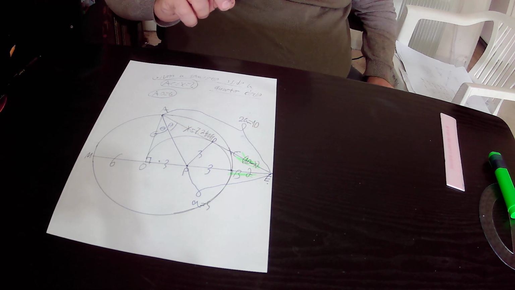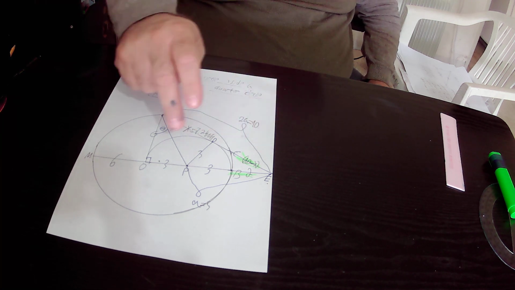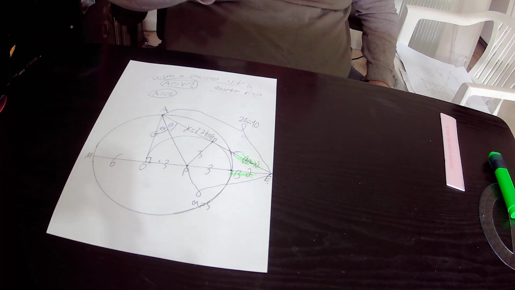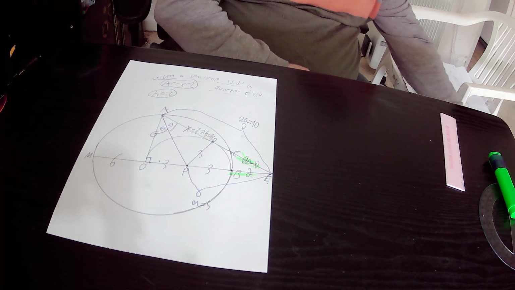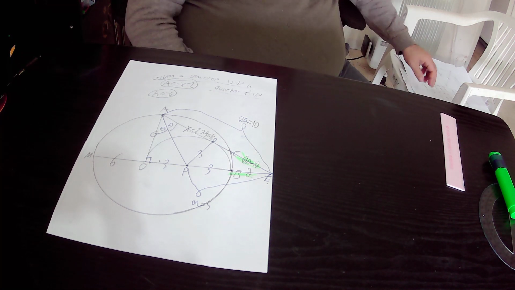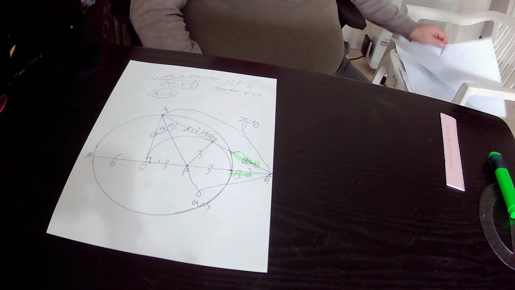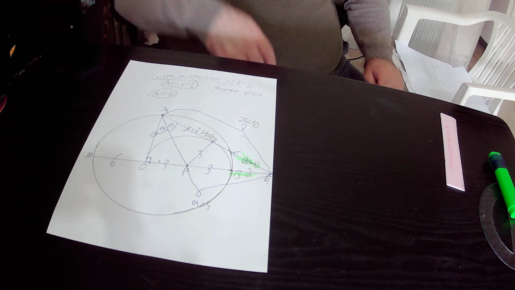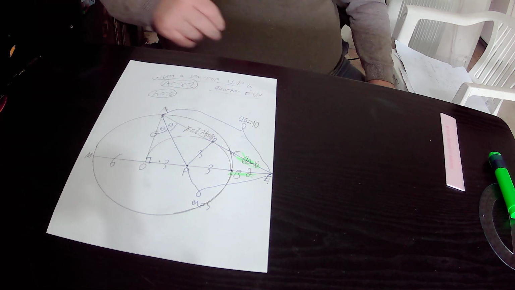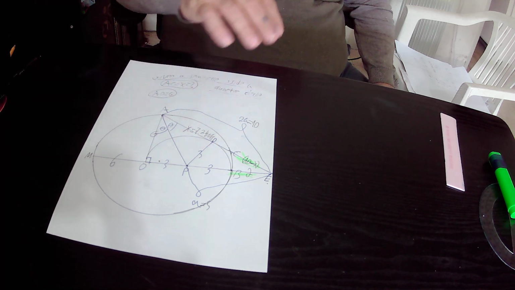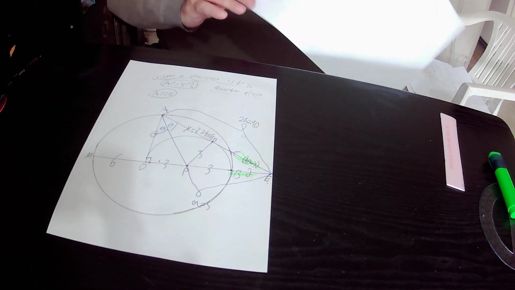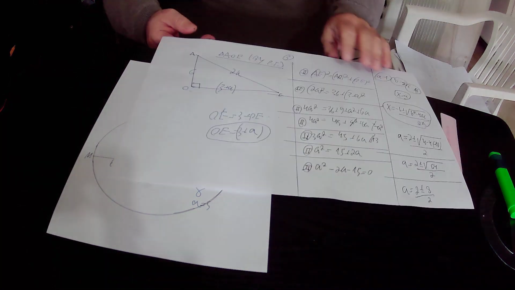So PE equals A according to our definition, and AE equals 2A. Then we continued to focus on the right triangle AOE, and we implemented the Pythagoras theorem on it. I copied the right triangle AOE in this new page.